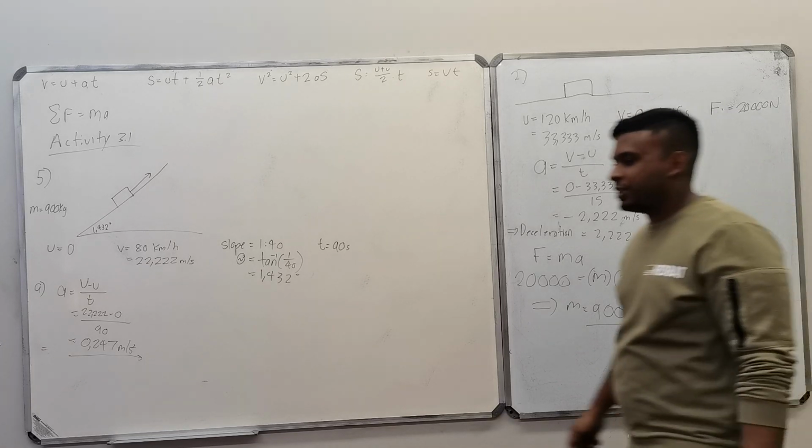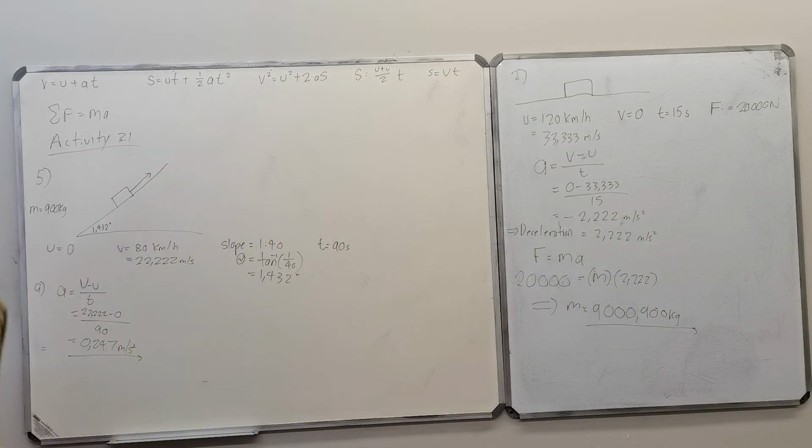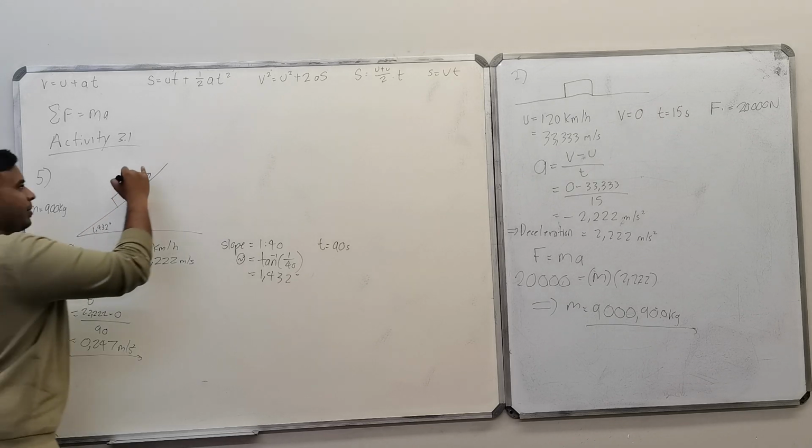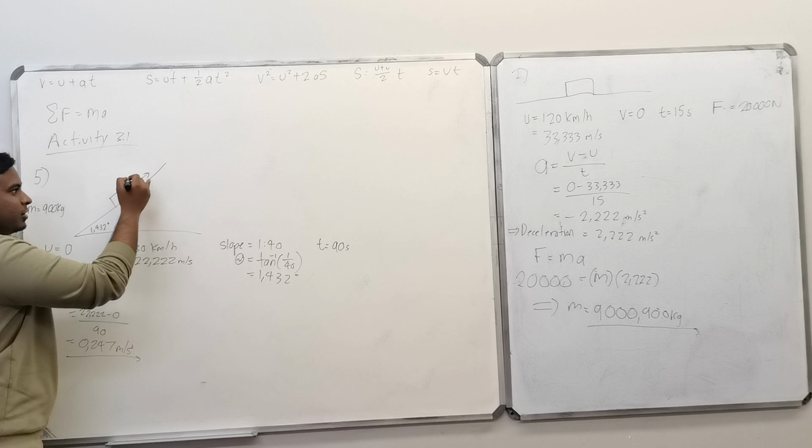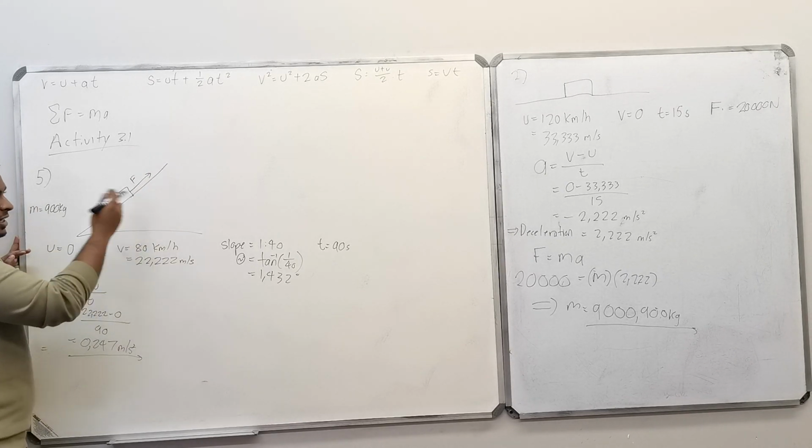Alright, that's our acceleration. Let's move on. The total force applied, which is your applied force. So when you're balancing all your forces, that F that's moving up, that's your total force. What's acting against this would be friction.